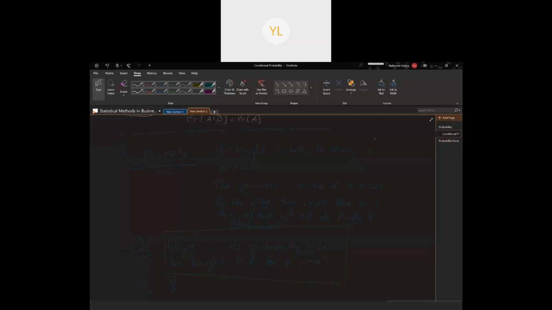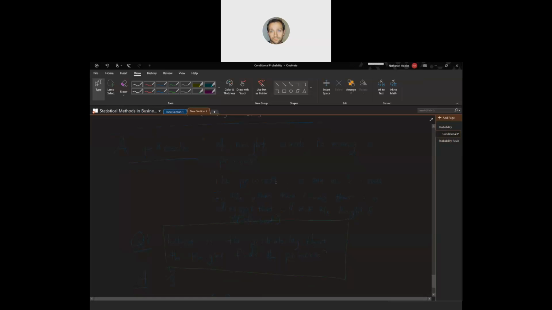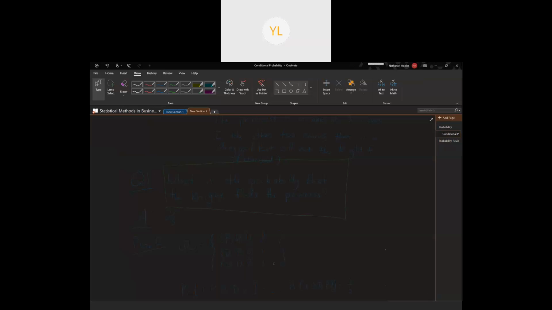Perfect. Yeah, exactly. Great. So there's 4 characters to our story. And this probability space, how many characters is it using? 3. Right.